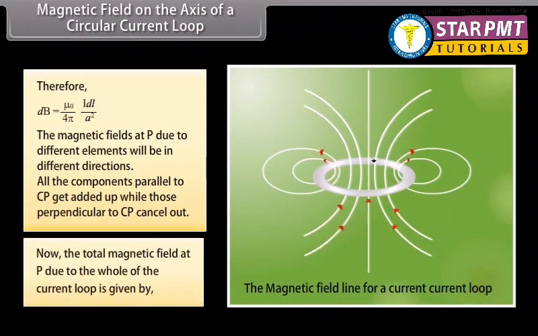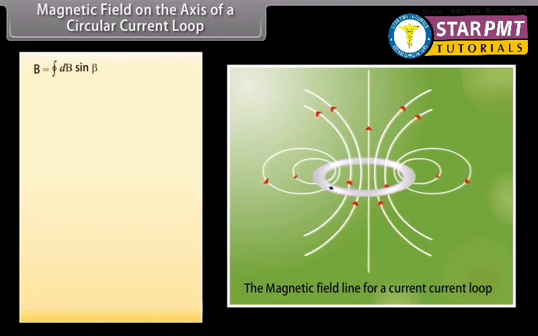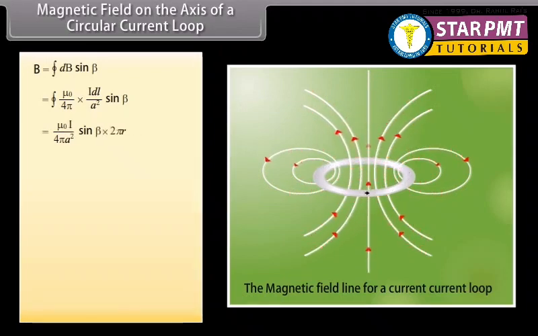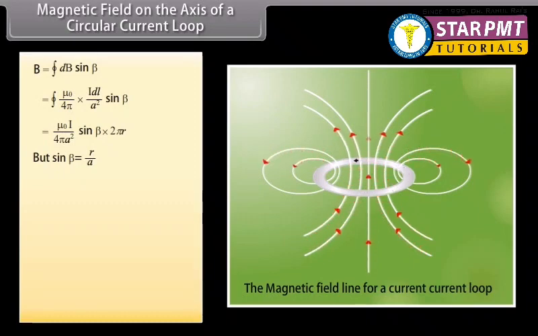Now the total magnetic field at P due to the whole of the current loop is given by closed integral of dB sine beta. By putting the values in this equation, we get total magnetic field at P equal to mu naught I upon 4 pi a square multiplied by sine beta and 2 pi r. But sine beta is equal to r upon a.